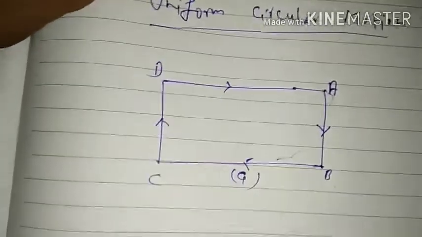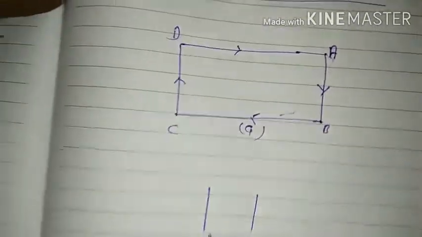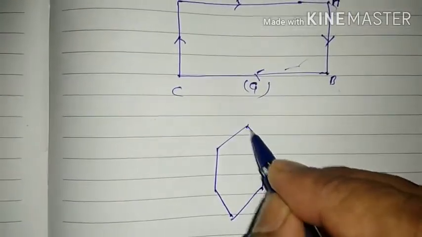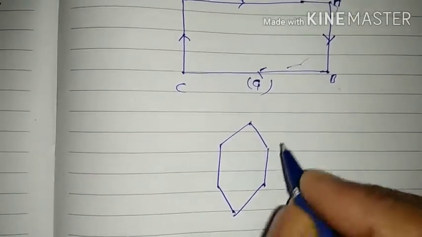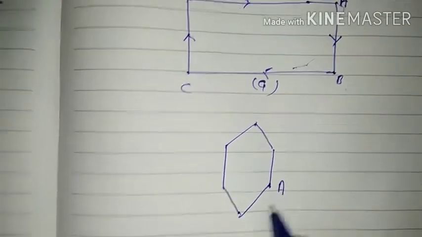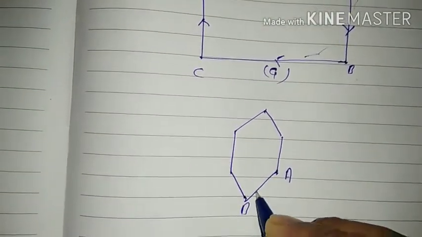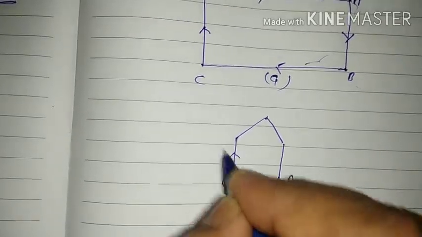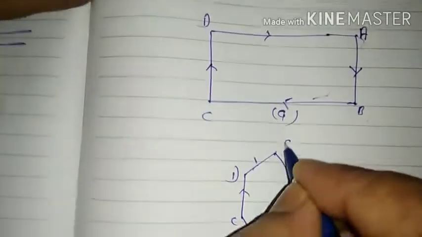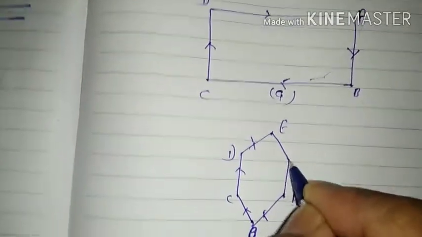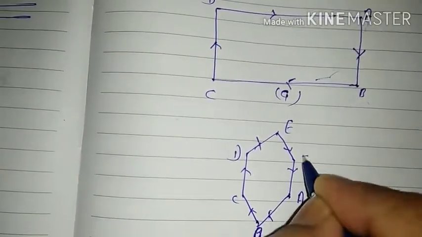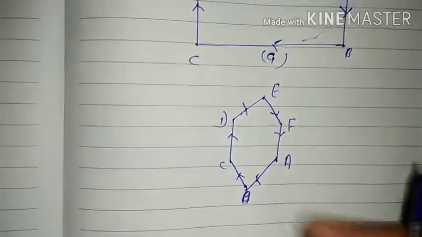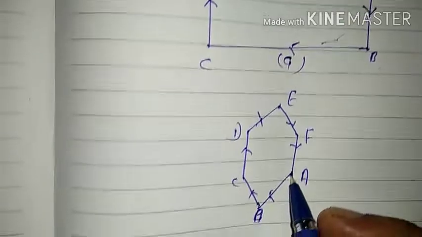Now see, if the path is a pentagon, suppose this is the path, the object starts to move from A, B, C, D, E, and F. 1, 2, 3, 4, 5, 6. So this is a hexagon.